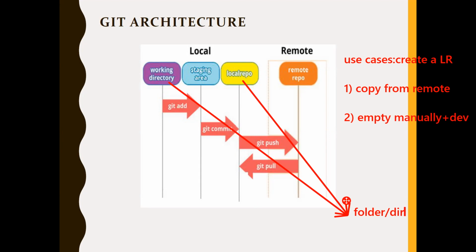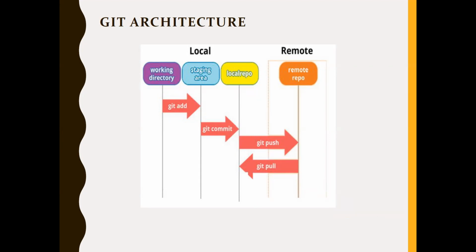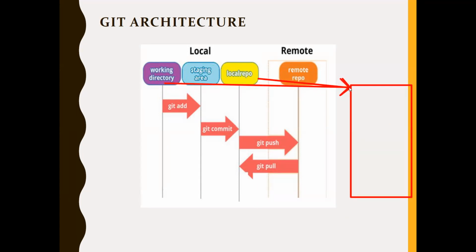I'm clearing the screen. What is meant by that? Physically, it's the same folder or same directory. Means local repository is the same, working directory is the same. Then how come you say move the files from working to local? Let me tell you. It's the same folder. If you just create a file here, it is said to be in the working directory.